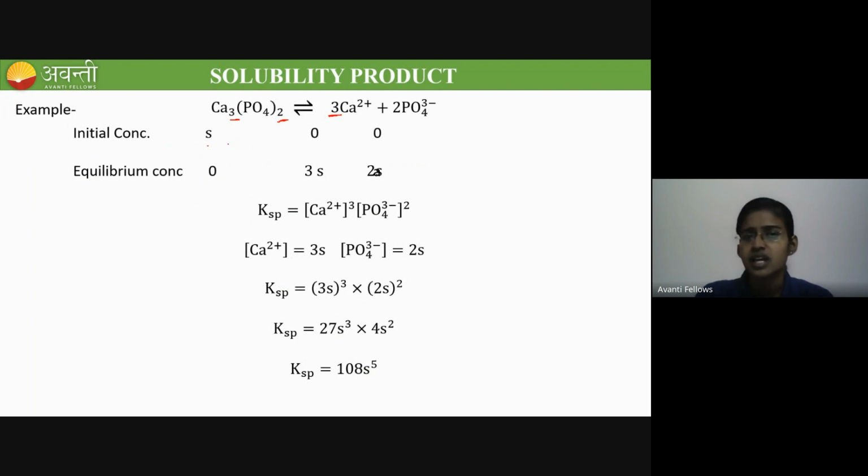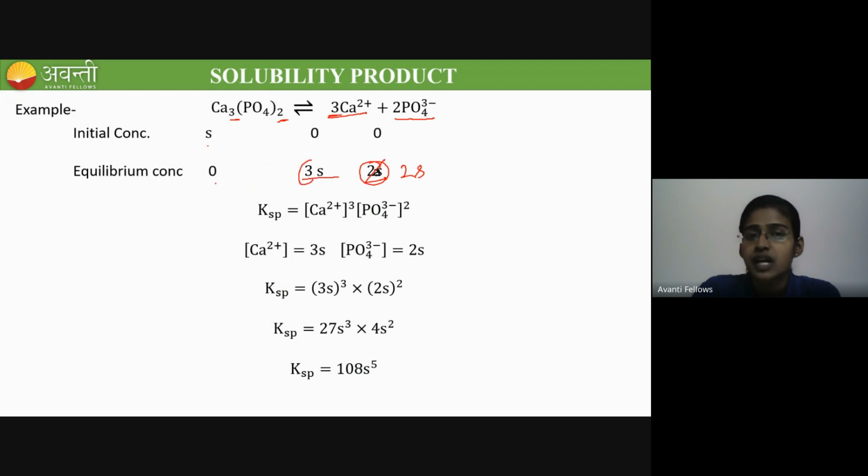Here we are having 3, so it is 3S. And here we are having 2 phosphate, so it is 2S. Now, the KSP will be calcium 2+ power 3 and PO4 3- power 2.